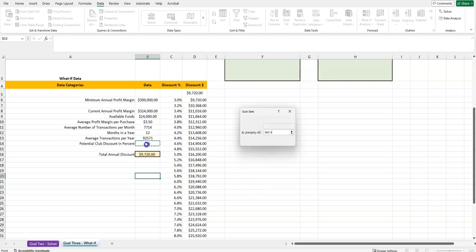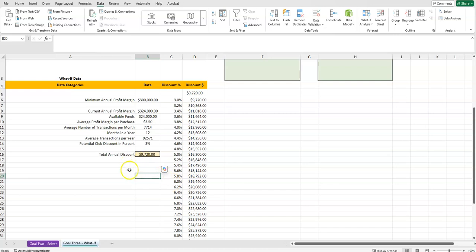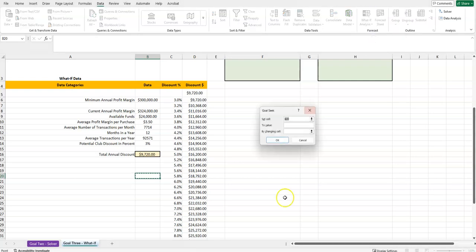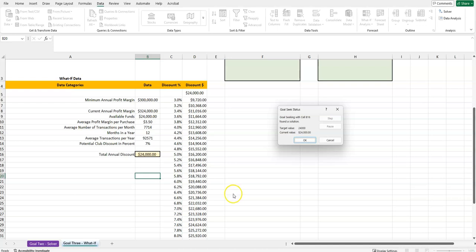By changing the percentage discount. So I'm going to say OK, and it immediately tells me, whoops, I deleted it somehow. So I'll go back and do it again, and I'll say I'm going to set this number to 24,000 by changing the club discount. And again, I get my 24,000.